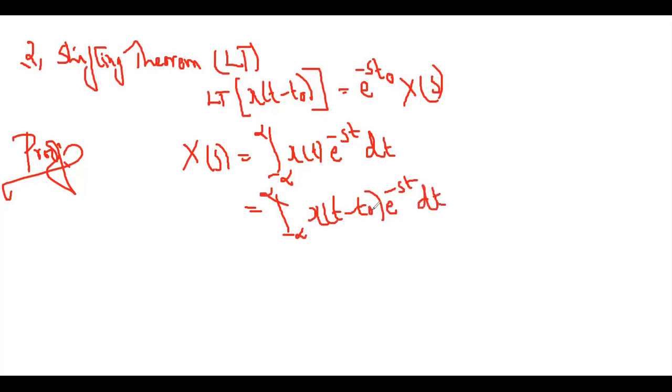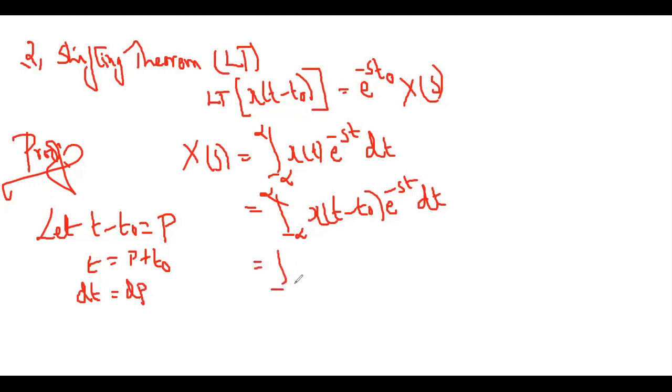The input is shifted with the t naught samples. Let t minus t naught be equal to some p, and t is equal to p plus t naught. Okay, my dear students, t is a variable and p is also a variable. t naught is a constant because it is a shifted sample only. Applying the derivative, dt is equal to dp.